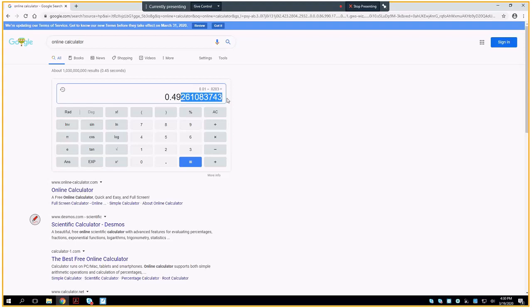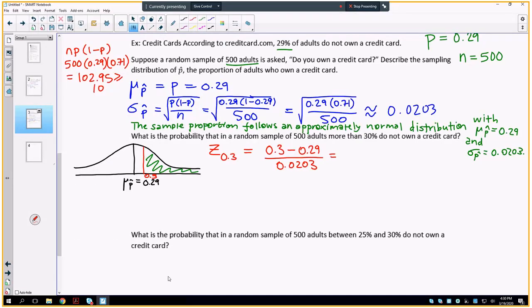0.4926 and so on. But since we're talking about a z-score, and our z-table only has z-scores going to 2 decimal places, we're going to chop it off around here. Look at the third decimal place, it's a 2, smaller than 5, so we don't add anything, we just stop at 0.49. So I'm going to call my z-score 0.49.